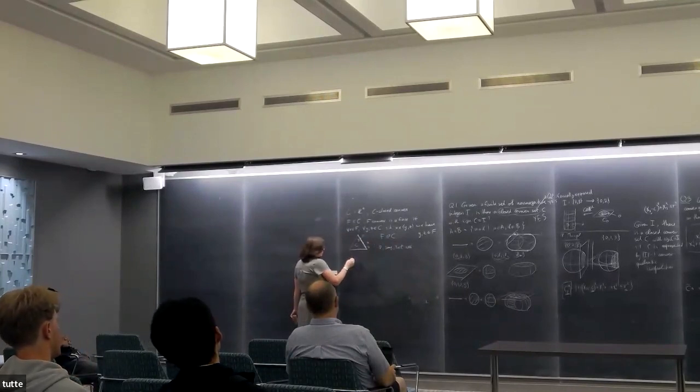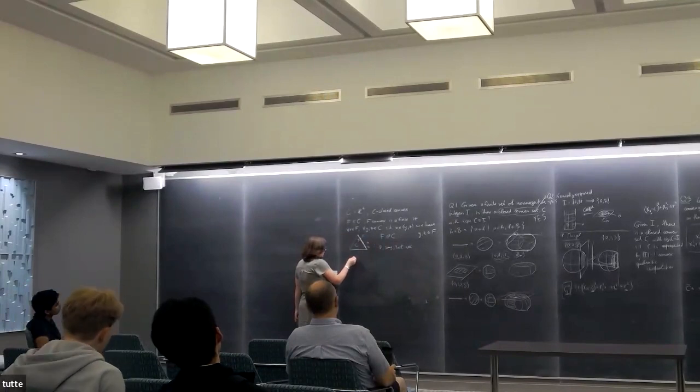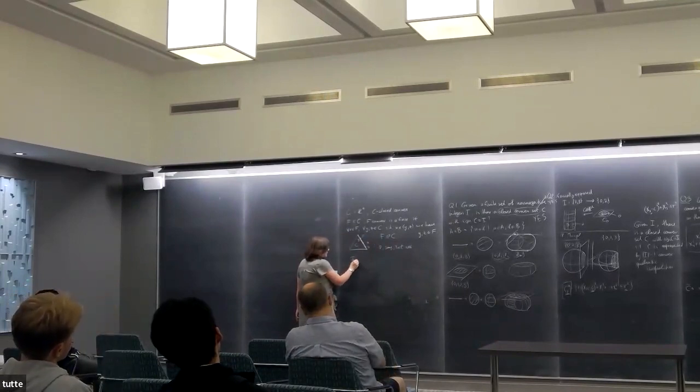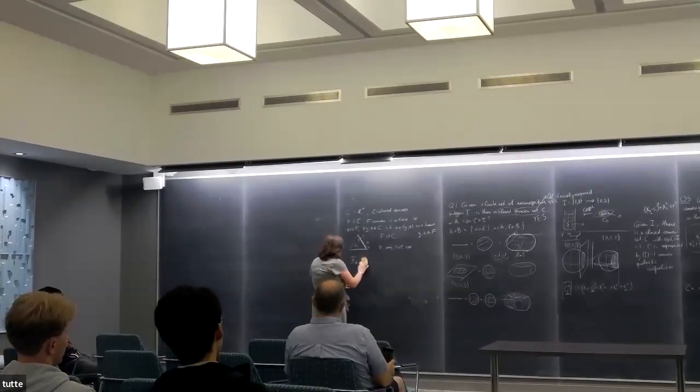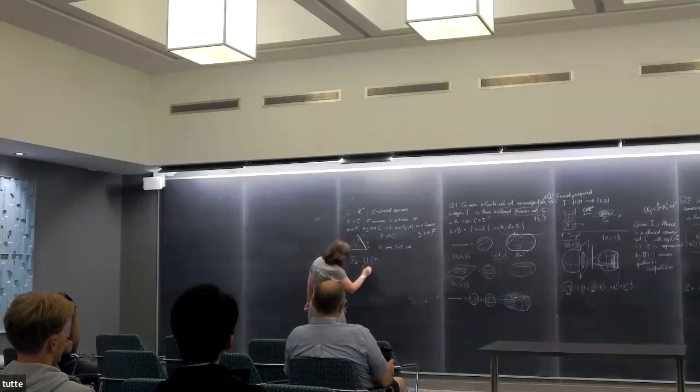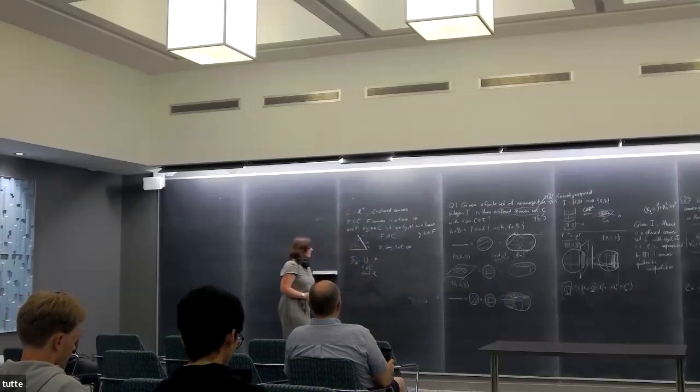So maybe I can call it something like F_d, right? So it's the union of all faces such that the dimension of the face is exactly d.